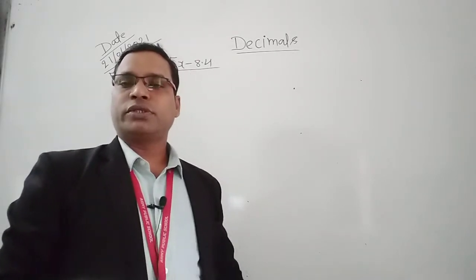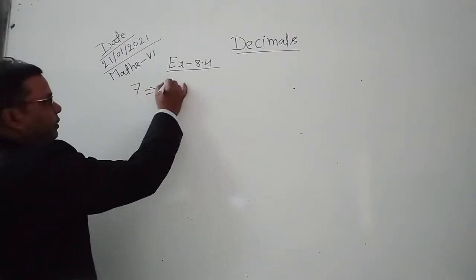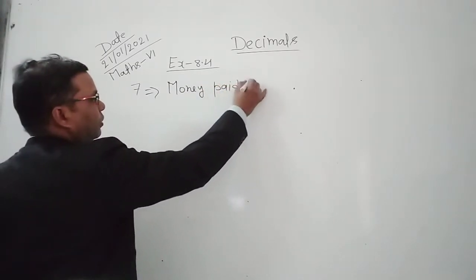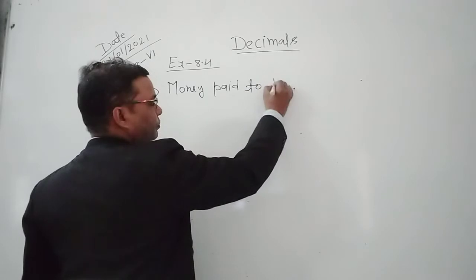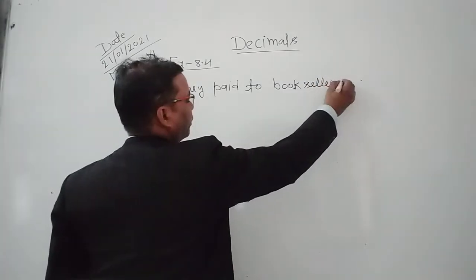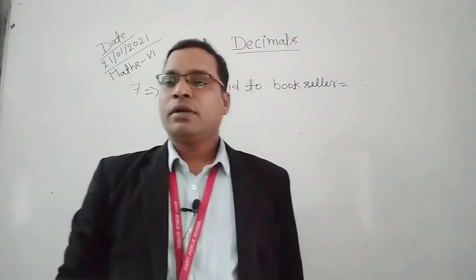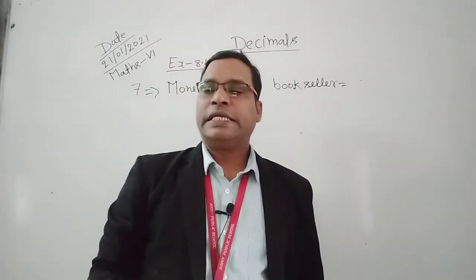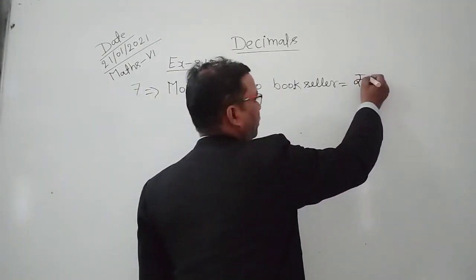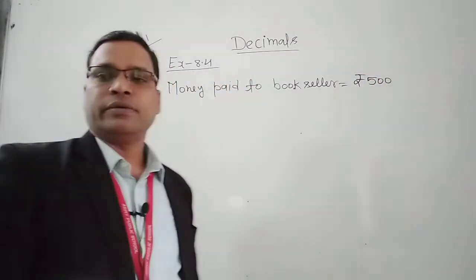Money paid to the bookseller. What amount of money is paid to the bookseller by Rashmi? This is given, rupees 500. This is clear.